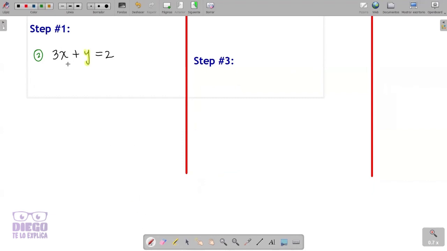So I'm going to take this 3x positive to the other side of the equal as negative. So we have y equal 2 minus 3x, because I took the 3x to the other side of the equal, now with the opposite sign, it's negative. So this is step number one. We already got the expression of y, that is equal to 2 minus 3x.